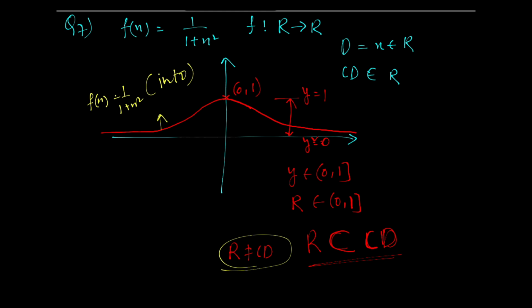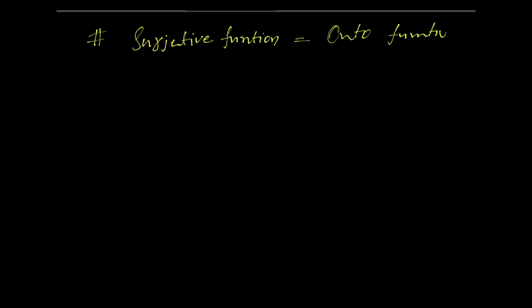Let's talk about bijective functions and the inverse functions. Before going to bijective functions, I want to remind you what a surjective function is. Surjective function is the same as onto function. The names are different, but the meanings are the same.